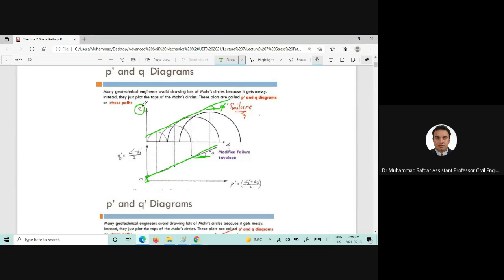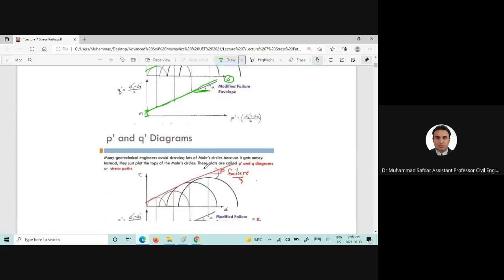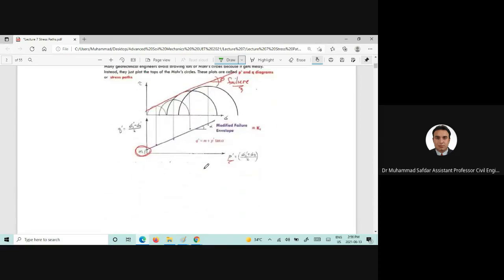In case of tau and sigma coordinate system, we can get the Mohr-Coulomb failure criteria or those lines from those Mohr circles. But if we draw the peak of these Mohr circles, we will obtain a modified failure envelope, which we can also write in terms of an equation, which is here Q prime is equal to m plus p prime tangent alpha.